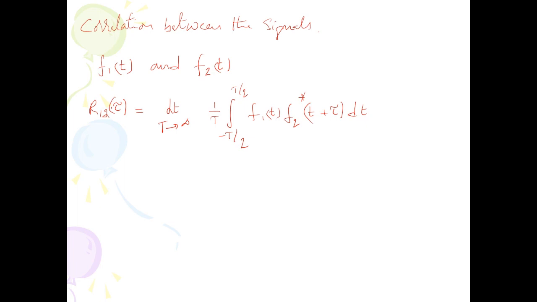A similar effect can be obtained by shifting f1 of t by an amount tau towards right. Hence, the correlation may also be defined as r12 of tau is equal to limit T tends to infinity 1 by T integral minus T by 2 to T by 2, f1 of t minus tau and f2 star of t dt.